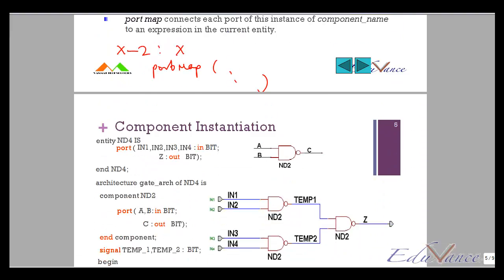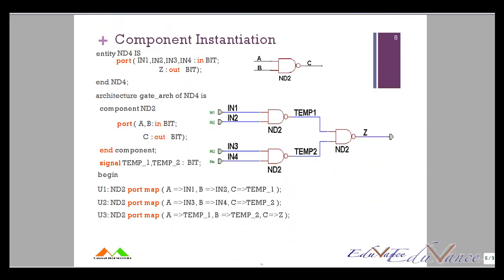So let's look at a clearer example. Suppose I have a NAND gate whose inputs are A, B, and the output is C. And suppose that I want to design a circuit that looks like this. How would I do it?